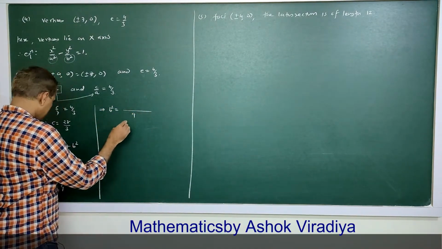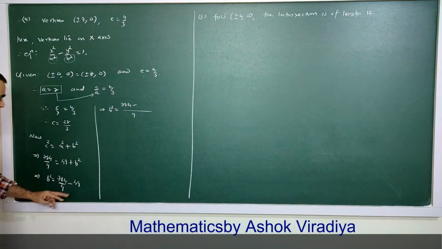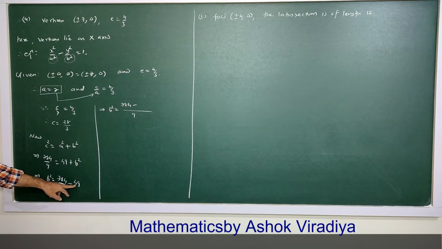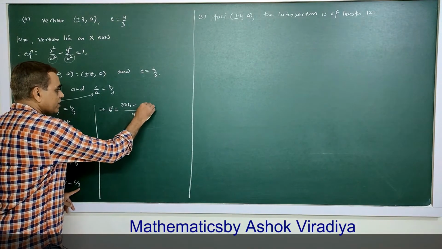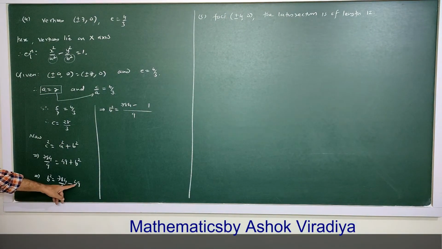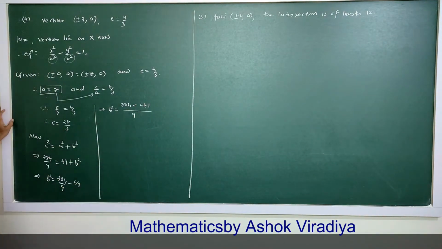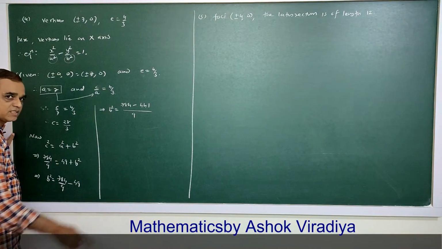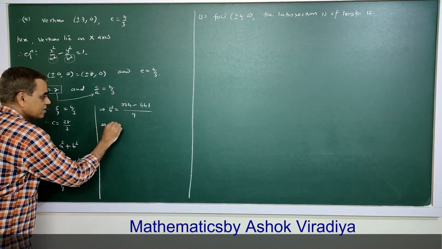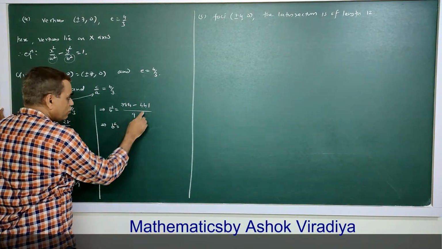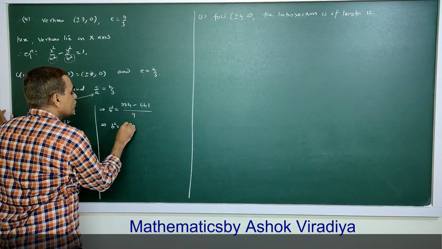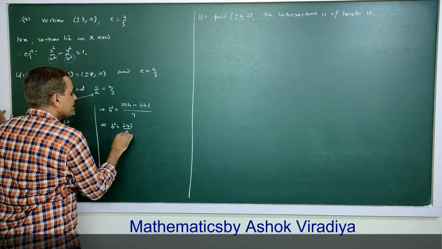LCM is 9, so 784 minus 49 into 9. 49 into 9 is 441. Now 784 minus 441: 4 minus 1 is 3, 8 minus 4 is 4, 7 minus 4 is 3, so 343 by 9.